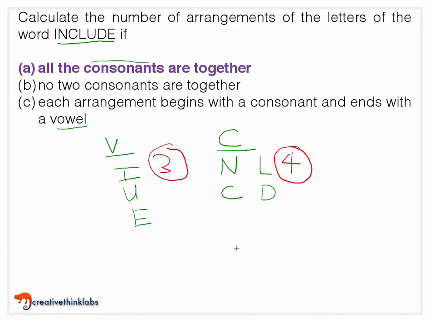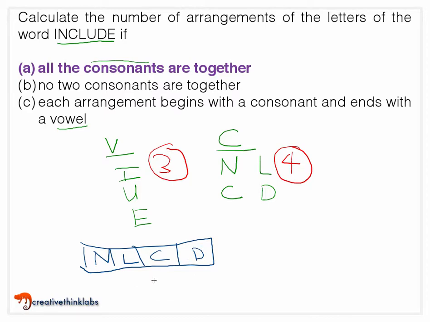So the question here is, what if all the consonants are all together? Now if I were to draw a box here, I will have the 4 consonants, which is N, L, C, and D.